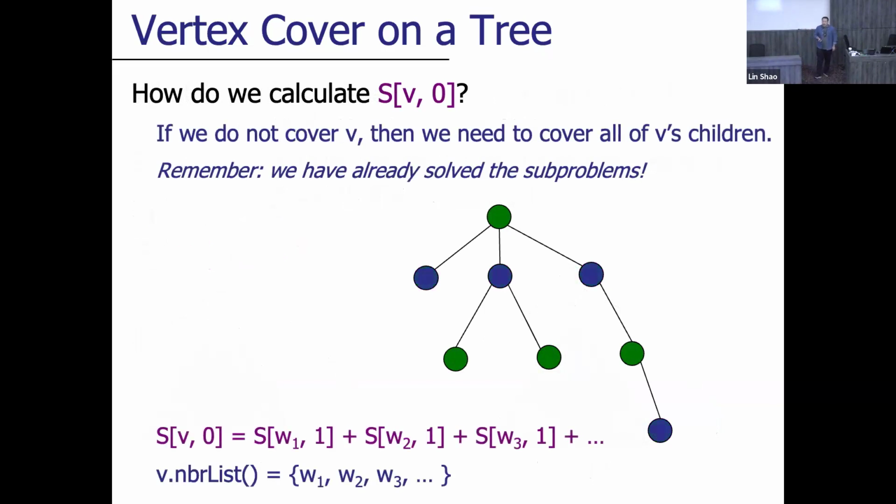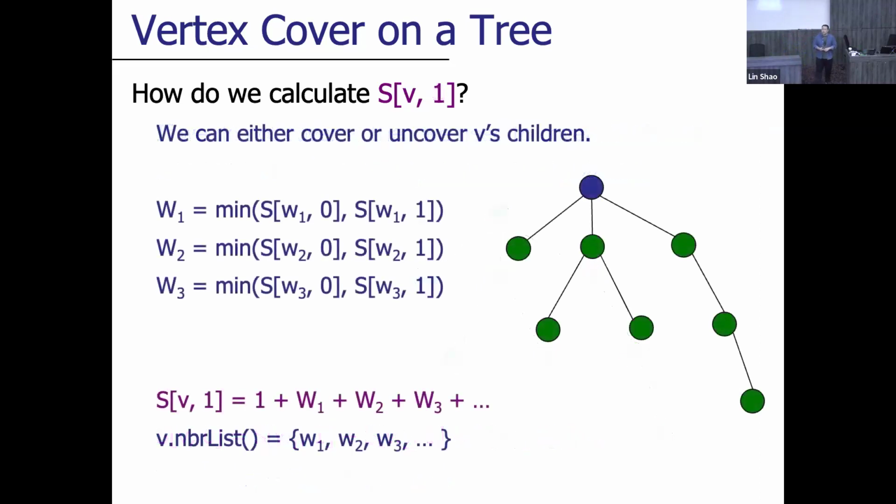For S_V0, the node V is not covered, which means we need to cover all its children. We introduced the notation W1, W2, W3 for V's children, and the relationship is S_V0 equals S_W1,1 plus S_W2,1 plus S_W3,1. We just sum these together.